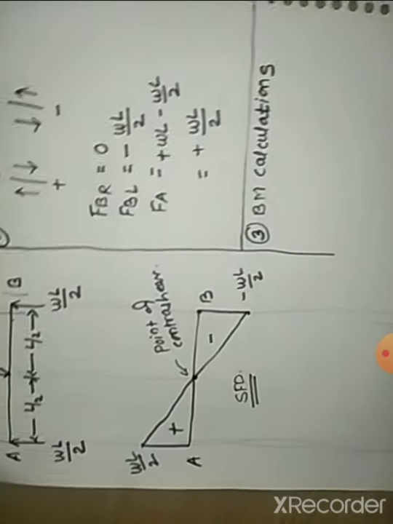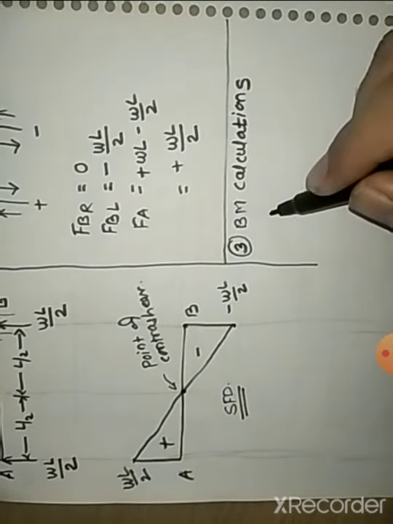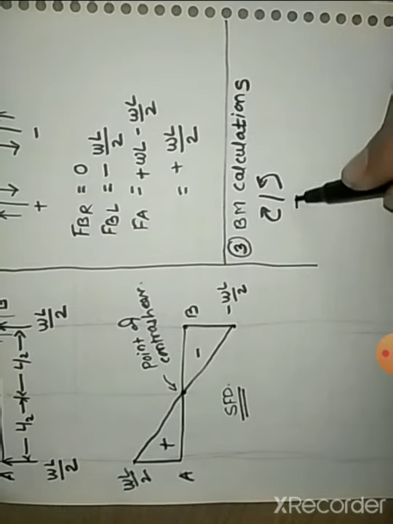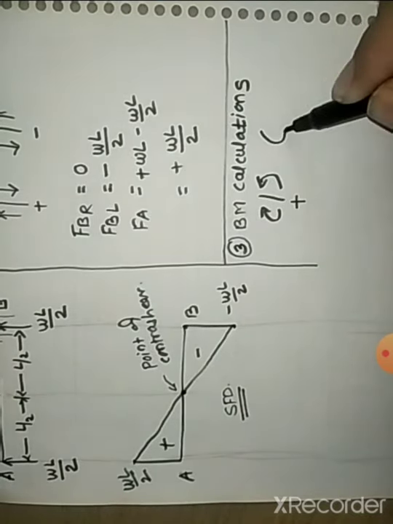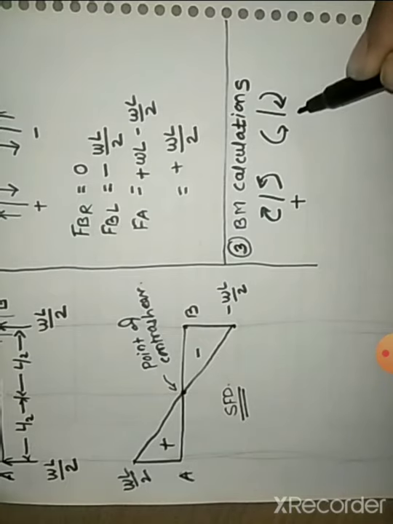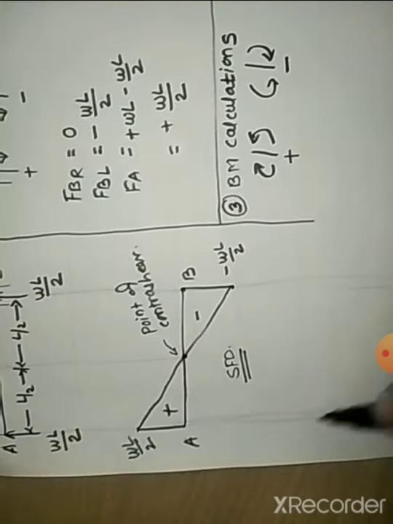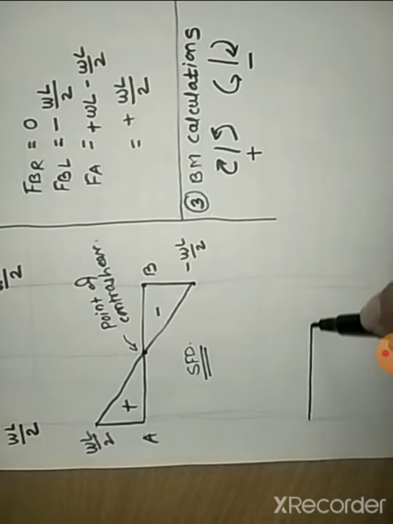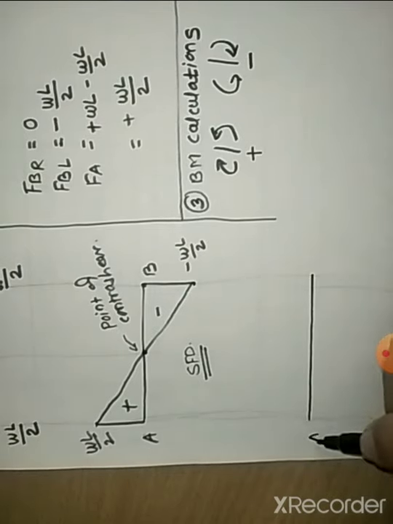So for bending moment, we use sign conventions as sagging positive and hogging negative. So this is the baseline.